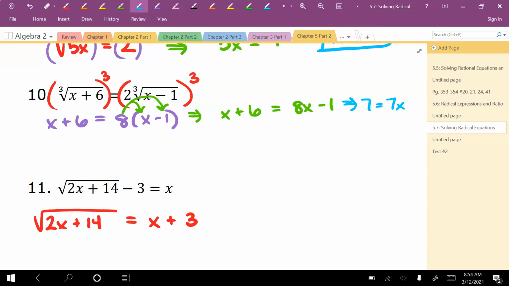Yeah, what am I missing? Oh, minus 8, yeah. This should be an 8. So then when I add 8 to 6, I get 14. And then I divide by 7. So I get x equals 2.